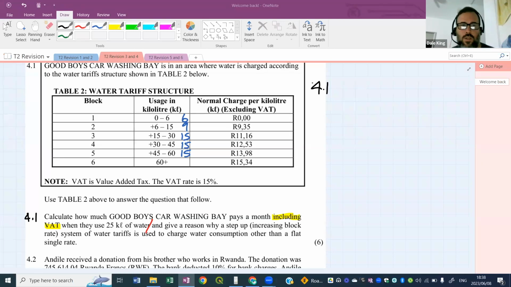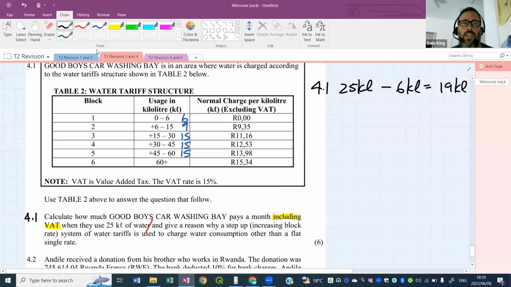Okay, so what we're going to do is take my 25 kiloliters here, and Vuyo, you can check on me. All right, I've got 25 kiloliters. The first 6 in the first interval must come off. So I'm going to take that first 6 kiloliters off, which means I'm left with 19 kiloliters.